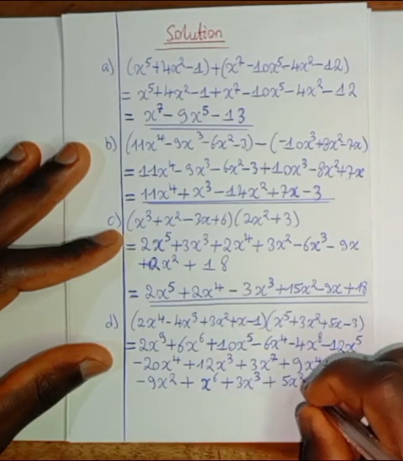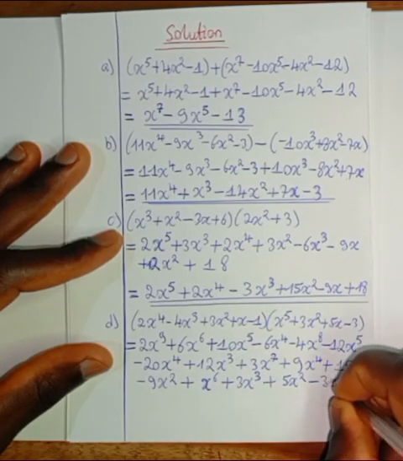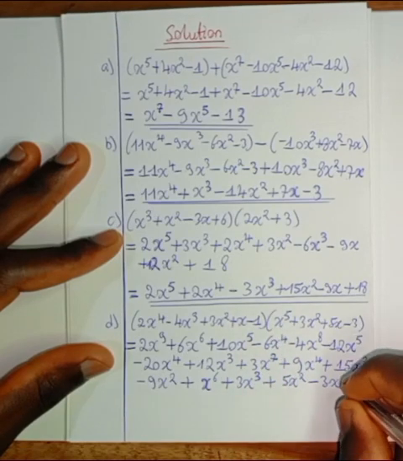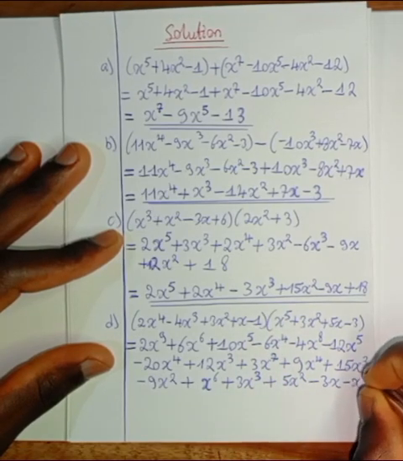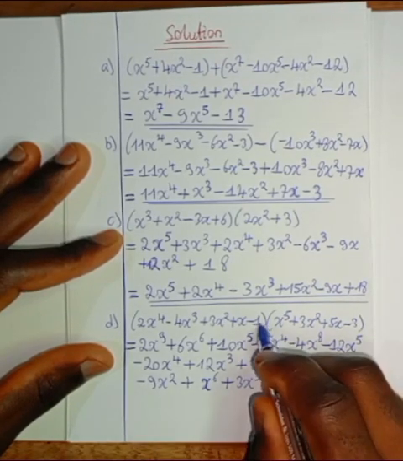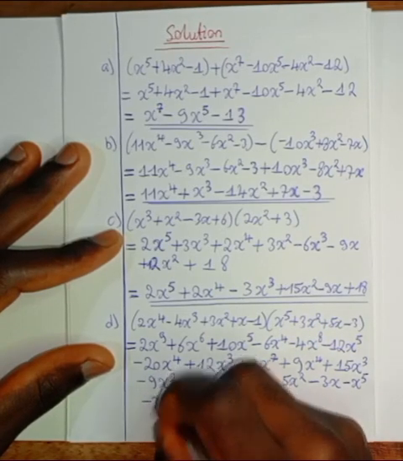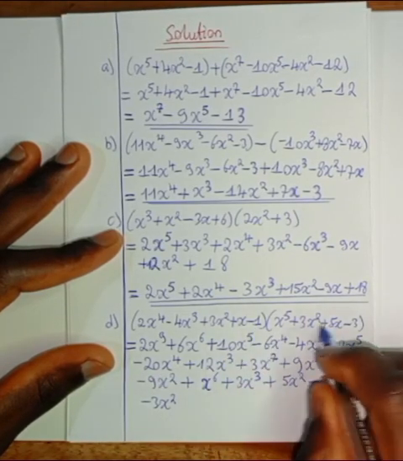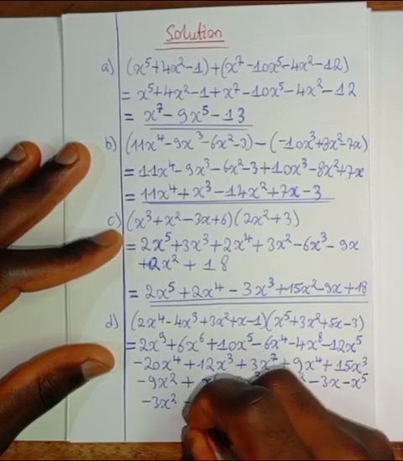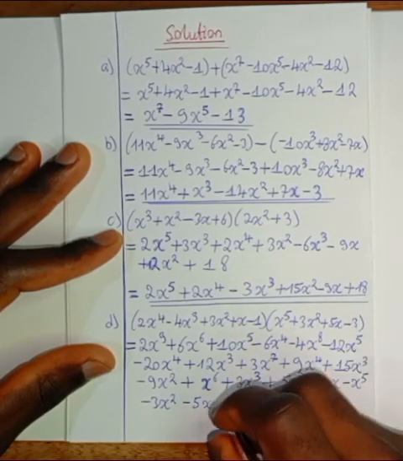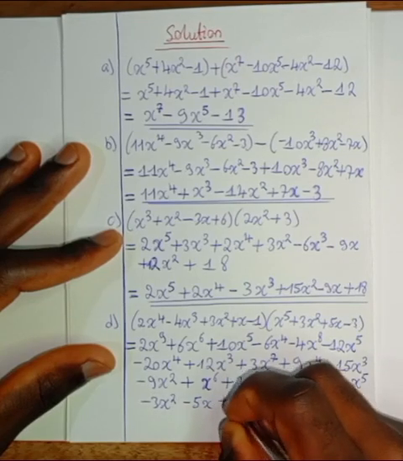X times negative 3 gives us negative 3x. Next, we move to negative 1 times x to the power 5 gives us minus x to the power 5. Negative 1 times 3x squared gives us minus 3x squared. Negative 1 times 5x gives us minus 5x. Negative 1 times negative 3 gives us positive 3.